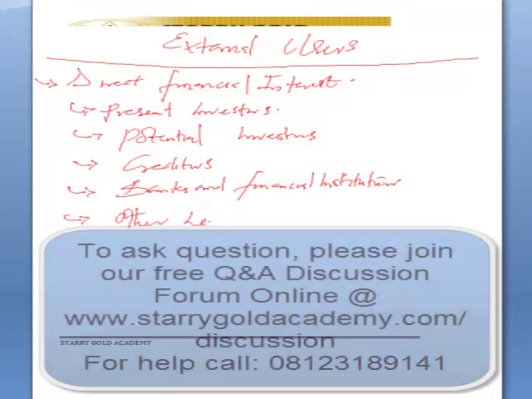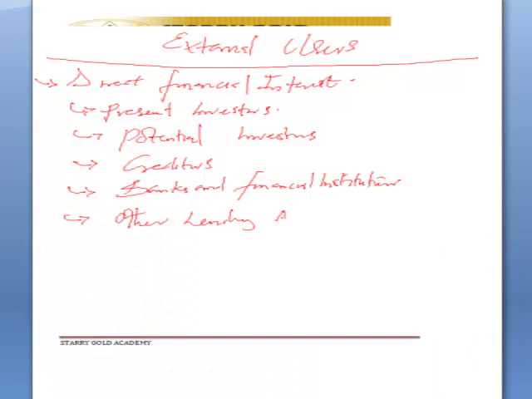Then we have other lending agencies also have a direct interest. So these are external users classified based on what? Based on direct influence.